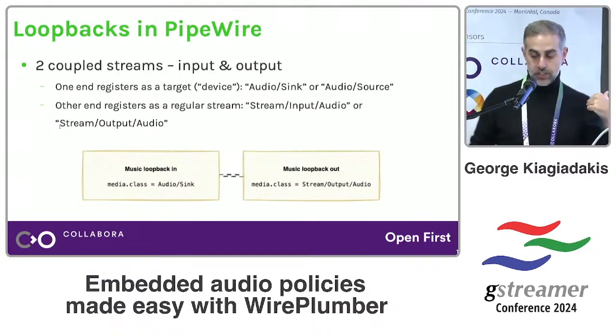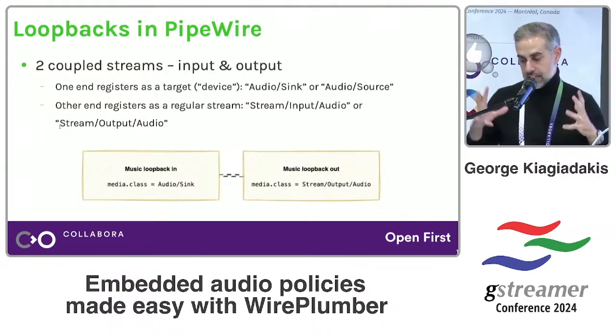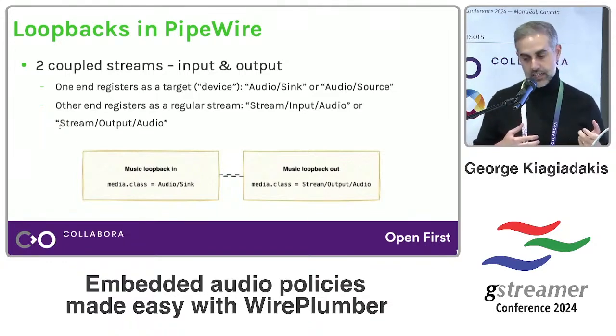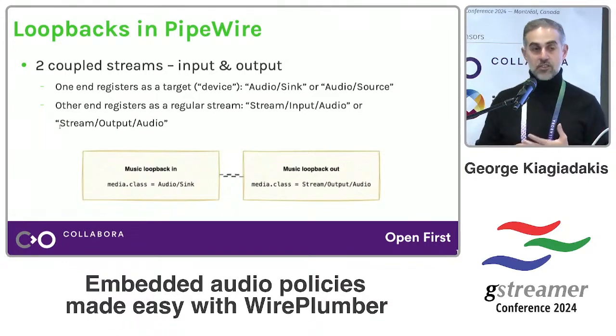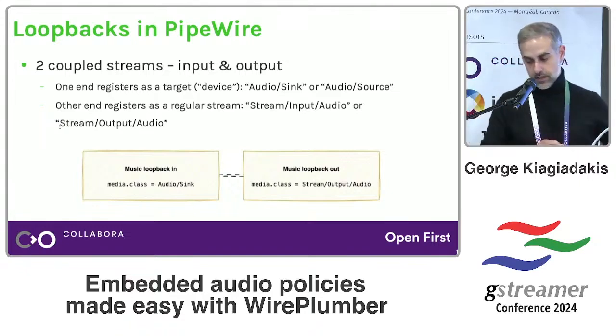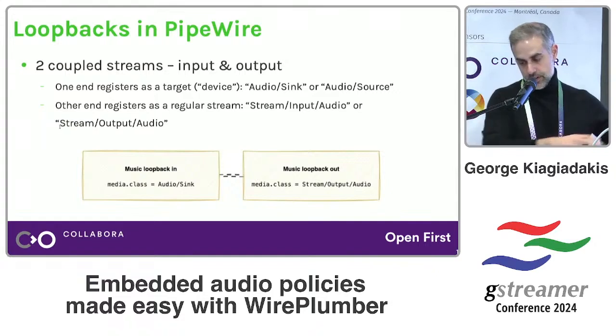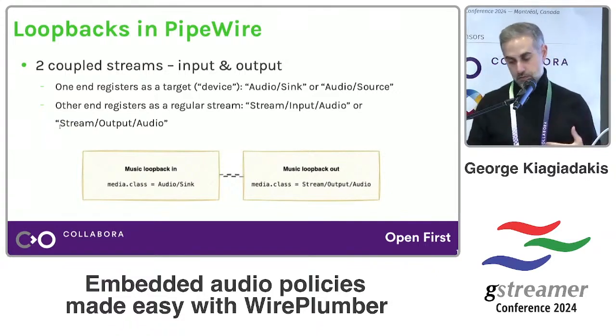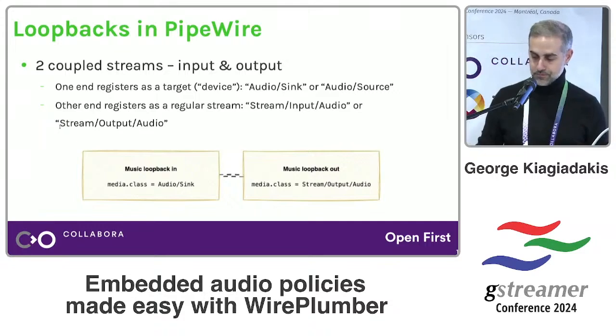One of them registers as a target or so-called device node. So it appears as if it was a device. Well, it's not a device, but in PulseAudio terms, it would have been a device. It's something that you can target and send audio to when you're streaming out, or capture from if you're grabbing from a source, from a microphone.